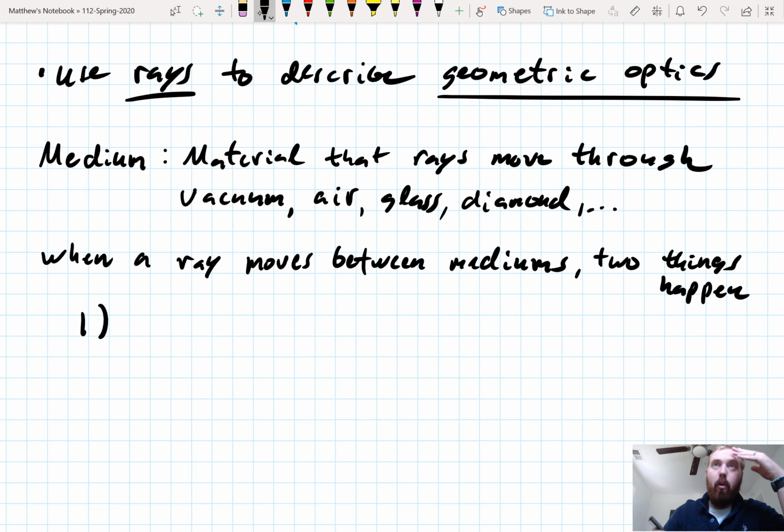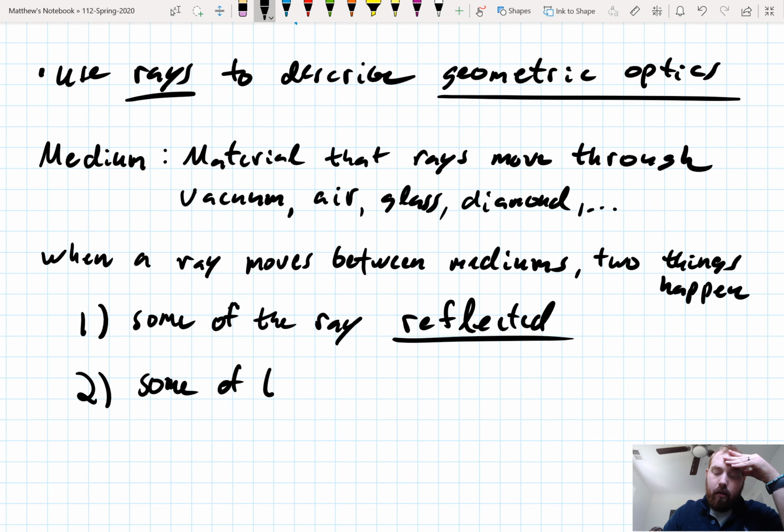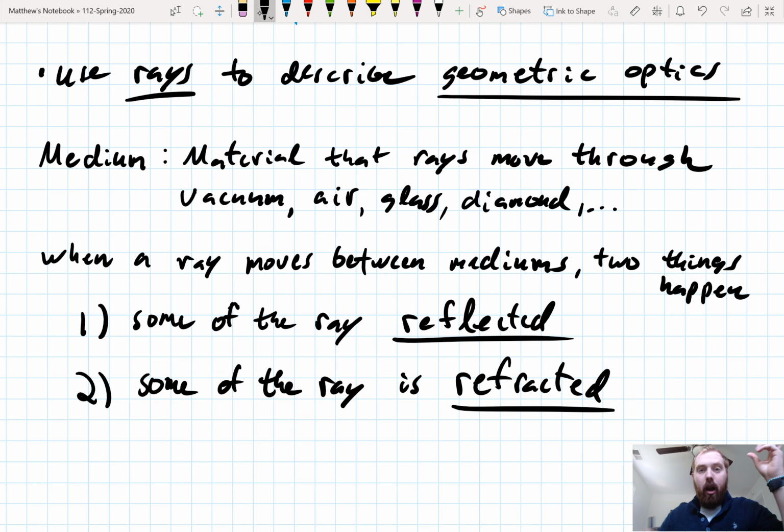All right, number one, some of that ray will be reflected. And then some of the ray is refracted. So we're going to have reflections and refractions.